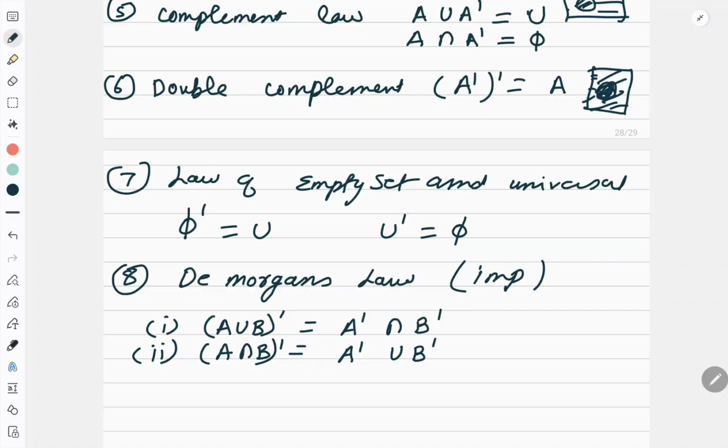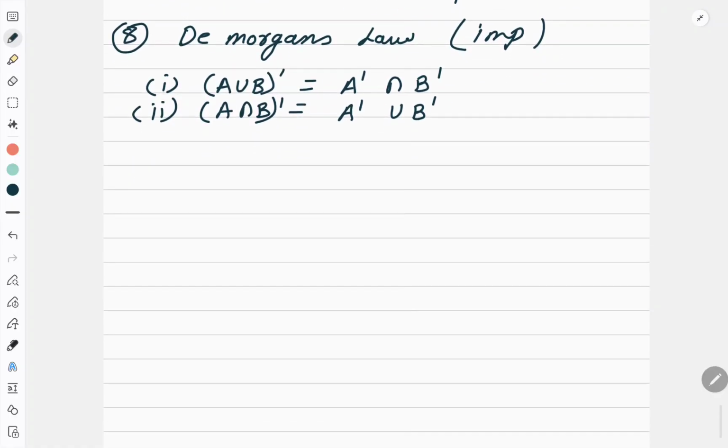Before starting that, I'll tell you the process, how we are going to move. Please understand, when I told you about equal sets, I told you A is equal to B if A is a subset of B and B is a subset of A. So whenever you want to prove that two sets are equal, you have to prove that they are subsets of each other.